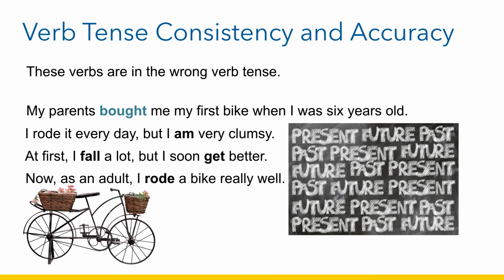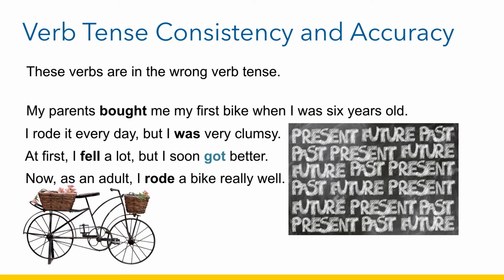I rode it every day, but I was very clumsy. Clumsy means I kept falling and I was not agile. At first, I fell a lot. Fall in the past is fell, but I soon got better.